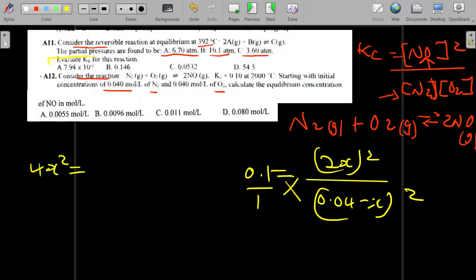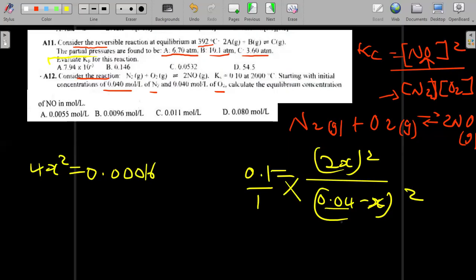And then on the other side, we are going to expand what we have there. So the first one is 0.04 multiplied by 0.04. What are we going to get? We are going to get 0.00016.